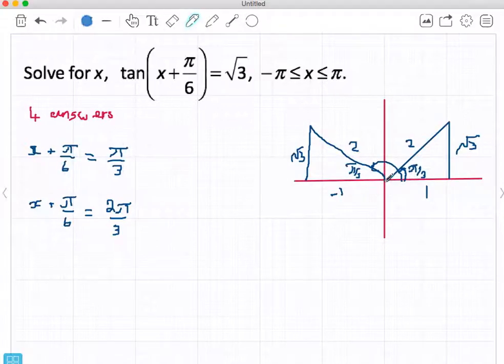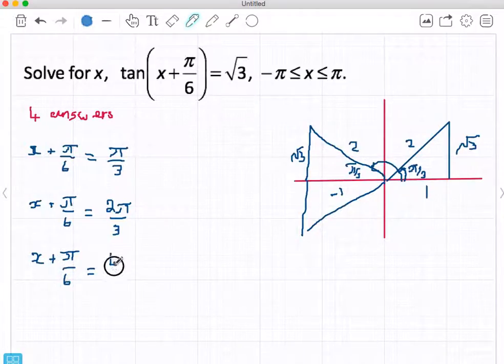I've got another one which comes in this quadrant here, which is the equivalent of going 4 pi around. Now I've actually tried that one, and I found that none of those, sorry, I beg your pardon, it will work. It's going to be x plus pi over 6, and I'm going to go all the way around to this section here, which gives me 4 pi over 6.